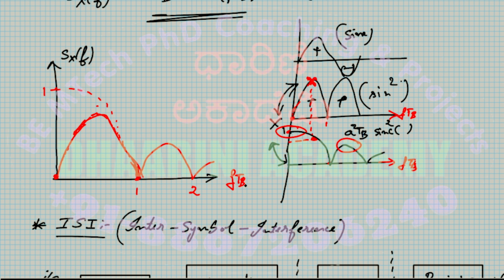But the only difference of this power spectral density compared to all the previous ones is that it is only halfway through. Initially it starts from 0. All the other PSDs were starting from 1. The meaning is that it has no DC component.